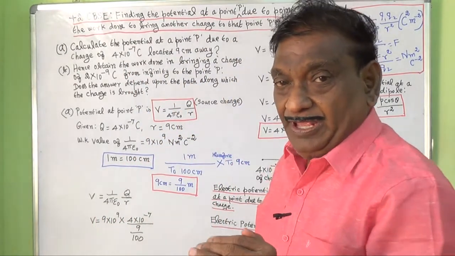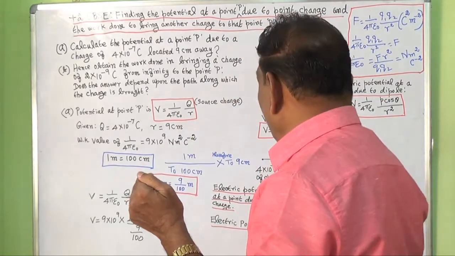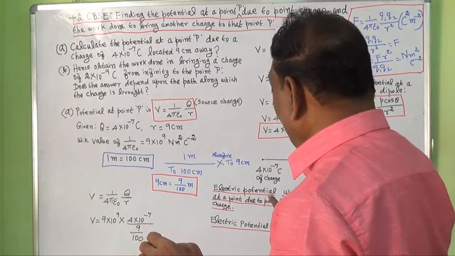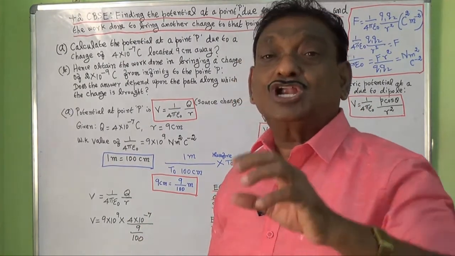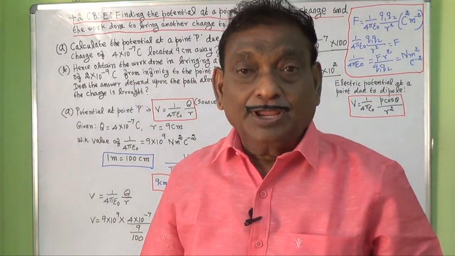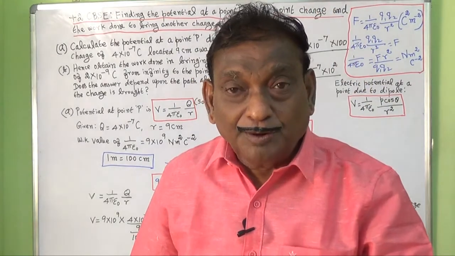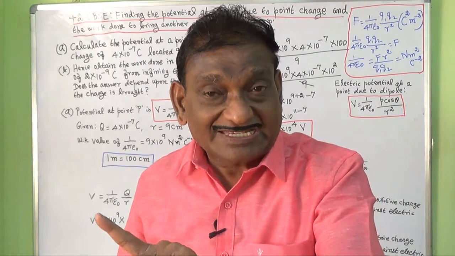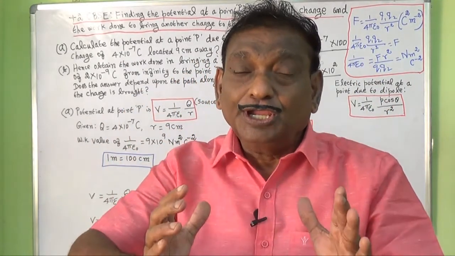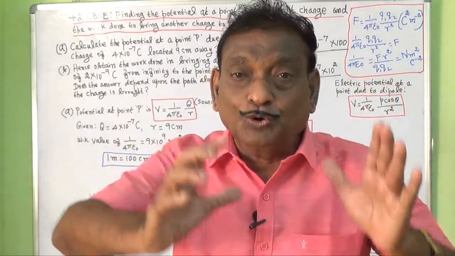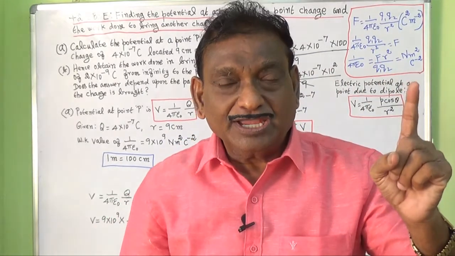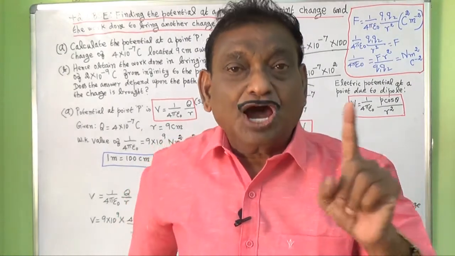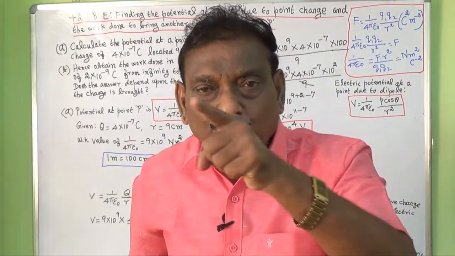Next, we are going to see the definition of electric potential energy. It is also work done to move the charge, but here one unit charge is not moved. A certain amount of charge Q2 is moved. If we take the source charge as Q1, the charge Q2 is to be moved.